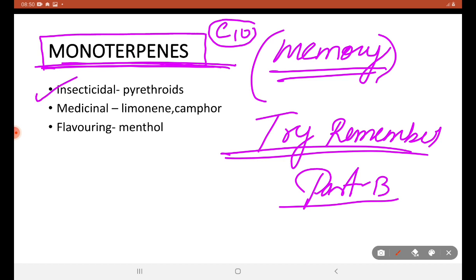Insecticidal property, example pyrethroid. Medicinal property, limonene, camphor. Flavoring property, menthol. Try to remember. Make a chart of it, stick it on the wall and see it daily.